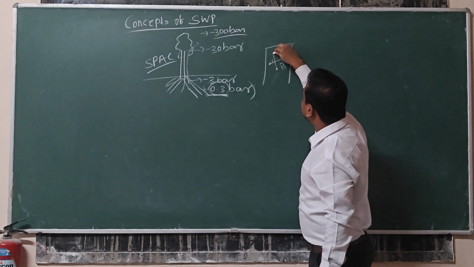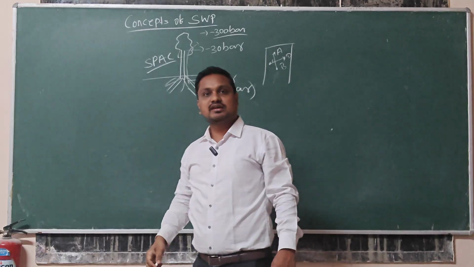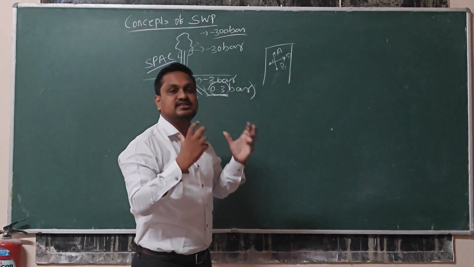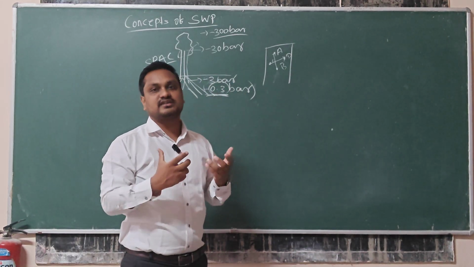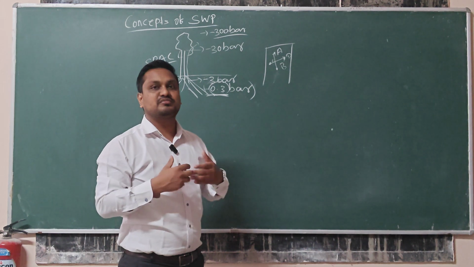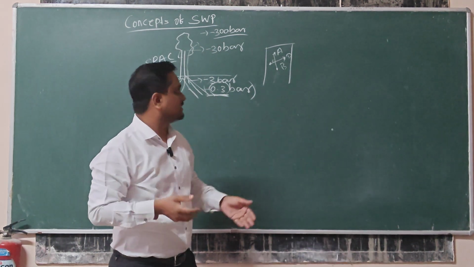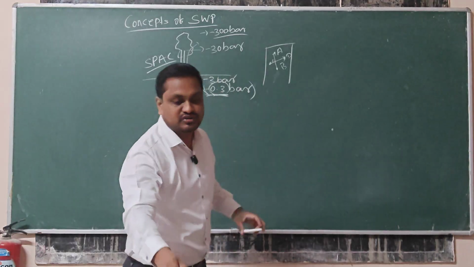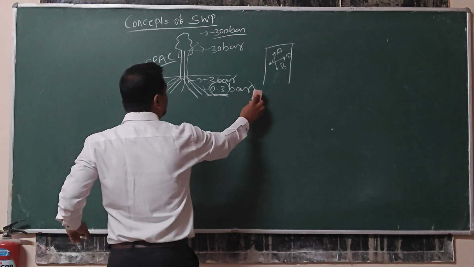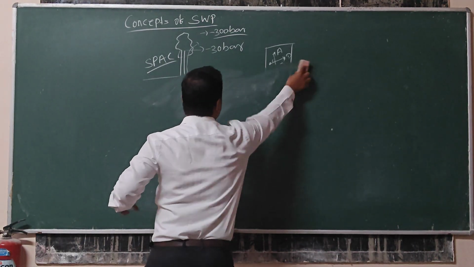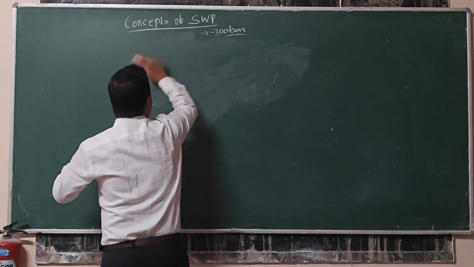The water movement can happen this way. This is nothing but the energy state. Water movement happens from higher energy to lower energy state. This is a universal concept. We know water movement always happens from a higher energy state to a lower energy state.